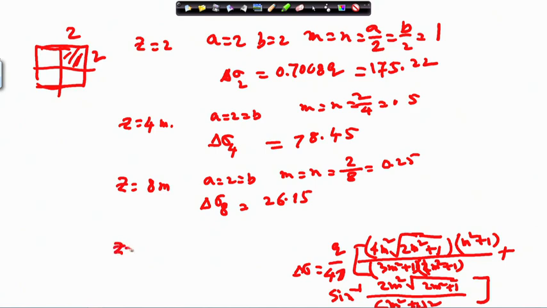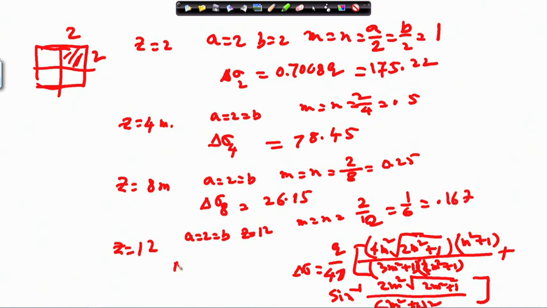And when z equal to 12, then a equal to 2 equal to b and z equal to 12, so m equal to n equal to 2 by 12 equal to 1 by 6, 0.167 I can consider, and then delta sigma 12 will come 12.5 kPa.